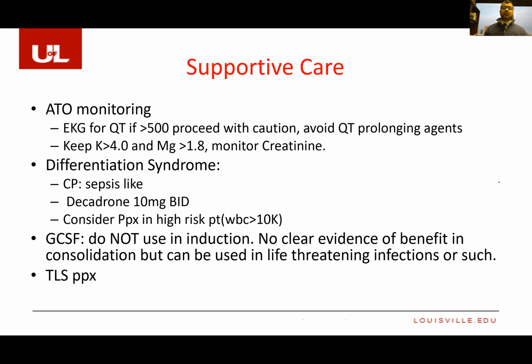You can use dexamethasone 10 milligrams BID, and in high-risk patients, the use of dexamethasone can be worth it. In high-risk patients, you use it prophylactically. You give the Decadron 10 milligrams BID just to avoid going through this sepsis-like picture that can be deadly if you don't turn around quickly.